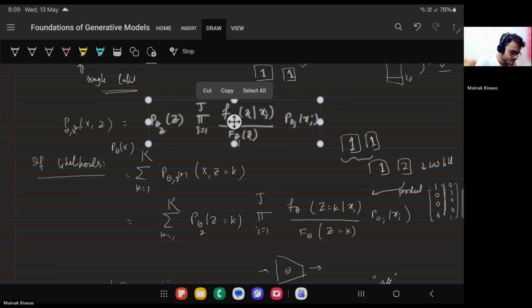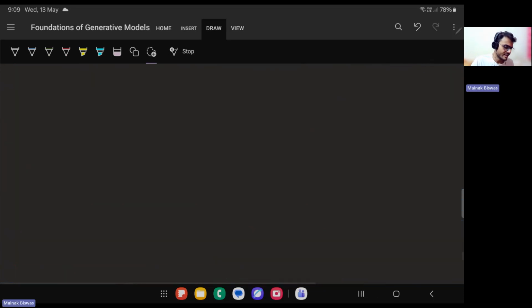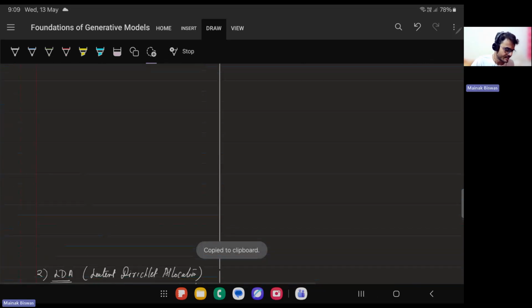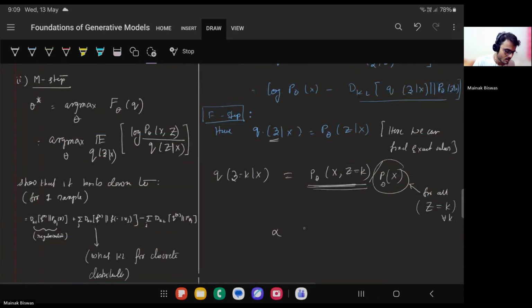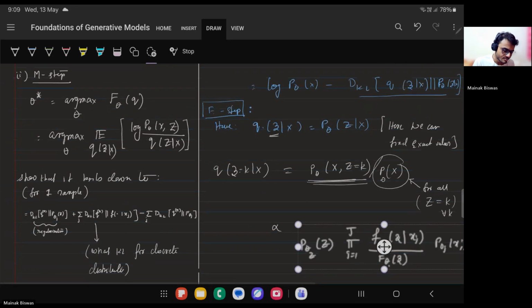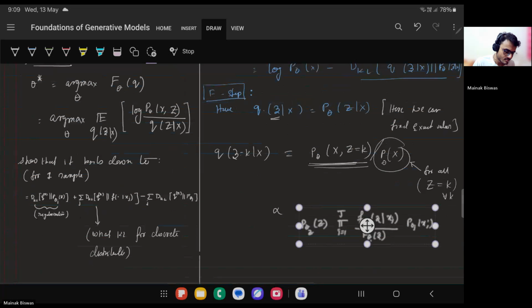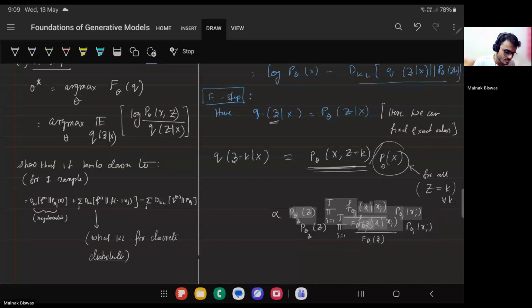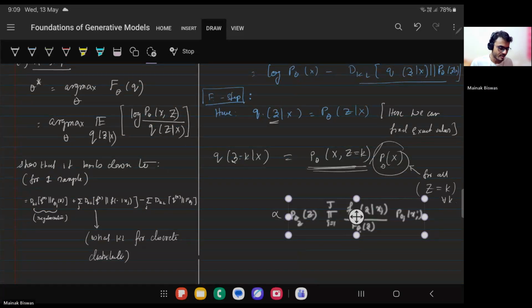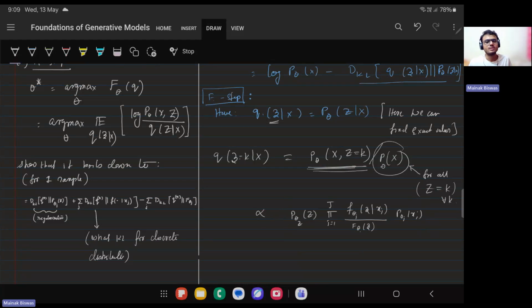I can just put this value over here. This is equal to the joint distribution that I have written. Since I'm finding for z equal to k, I will put the value z equal to k everywhere.